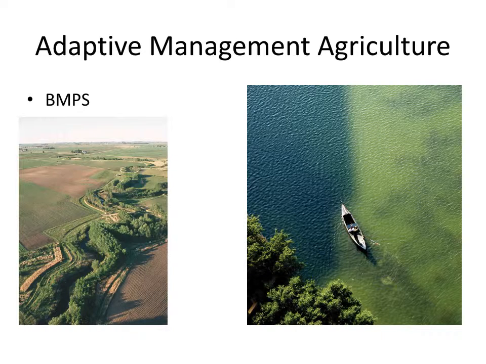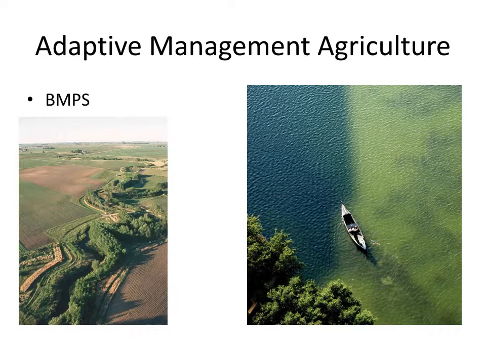So the picture on the right is essentially an illustration of eutrophication, where you have a high nutrient loading off of a stream into what appears to be a lake, and you can see that an algal bloom is forming and is being pushed into otherwise more pristine waters.